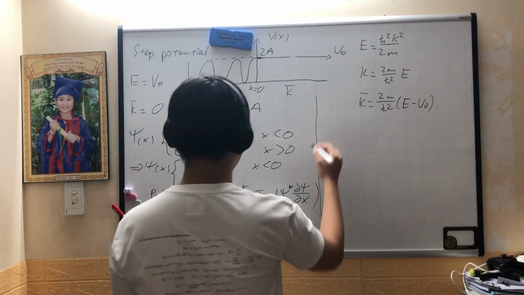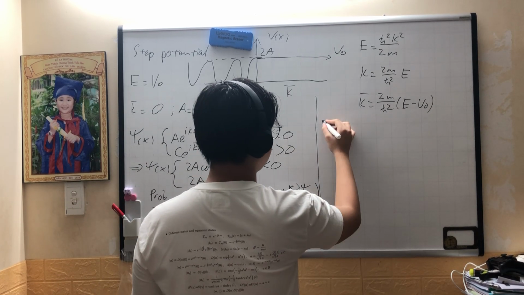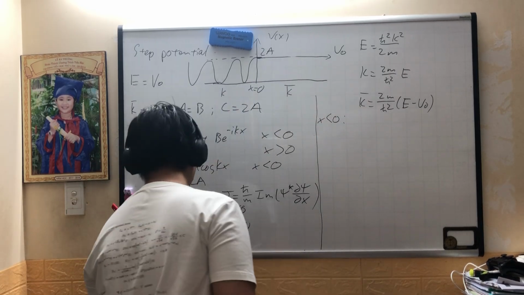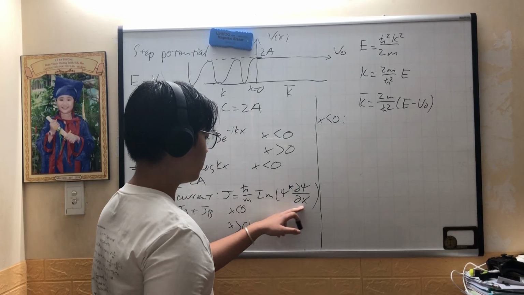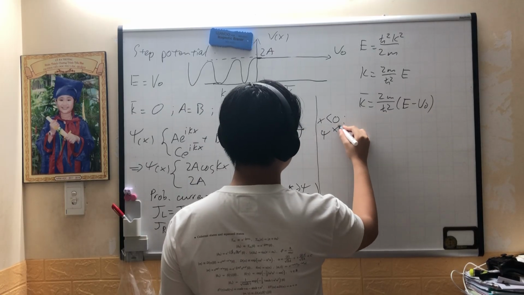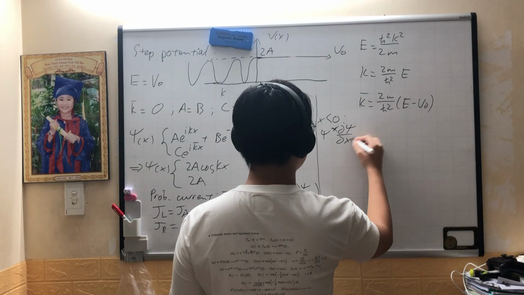We calculate starting from x less than 0, the left. First we calculate psi star times the derivative.